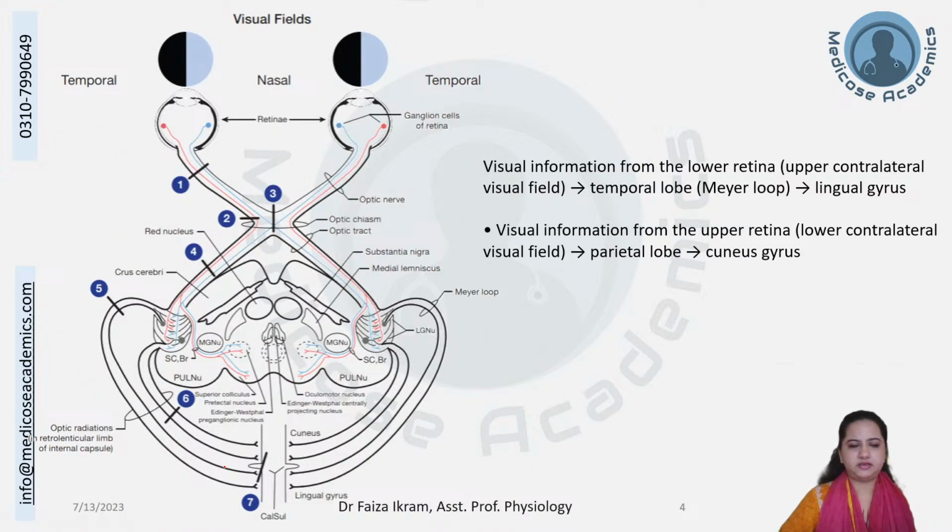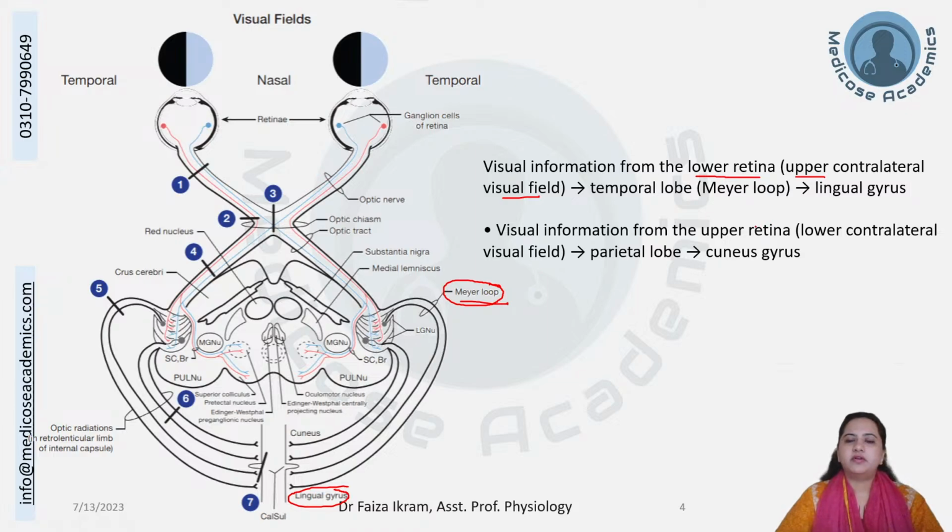As you can see here, the lingual gyrus termination moving through the temporal lobe, representing the lower retina or the upper half of the field of vision. This is called Meyer's loop.